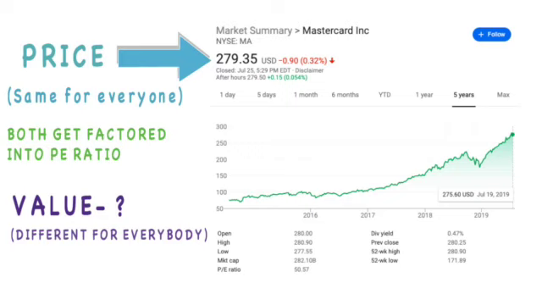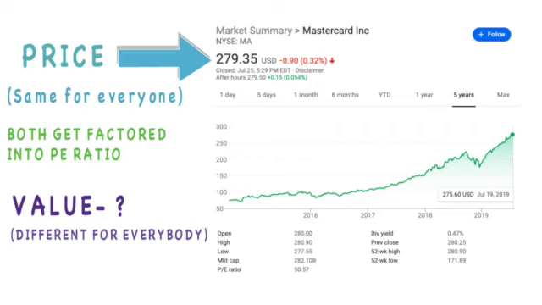Let's imagine me, a US resident, versus someone in a developing country that still only uses cash. We both have the same price to pay for MasterCard stock at $279, since that is what it would cost for both of us to own a share. However, our value is a little bit different because I envision a world where we are cashless and simply use cards.